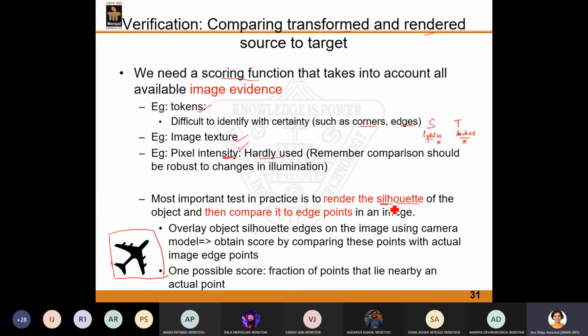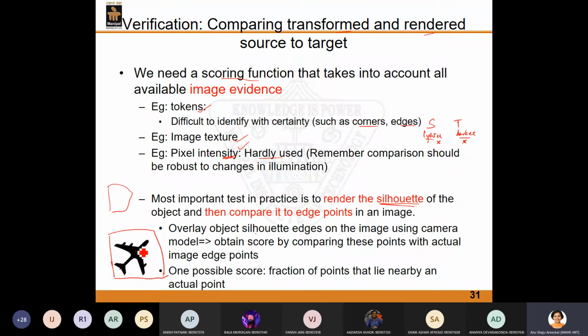When you're using this technique, you're getting rid of any of the intensity which is present inside, or any of the texture which is present inside, and so on. All that we are concerned about is the basic boundary that you have, or the main edges in this particular object. And these edge points, whatever is obtained, can be compared with that of the target image.